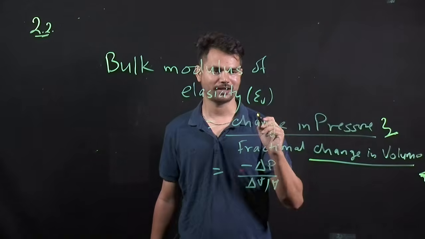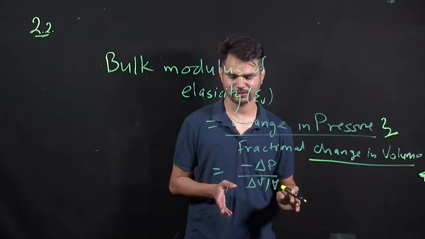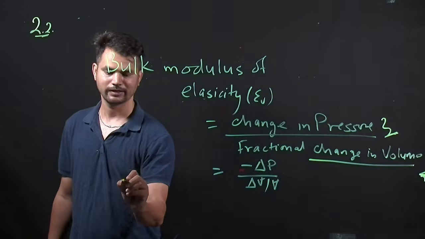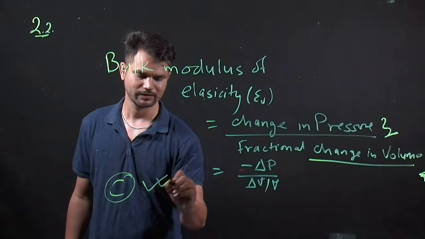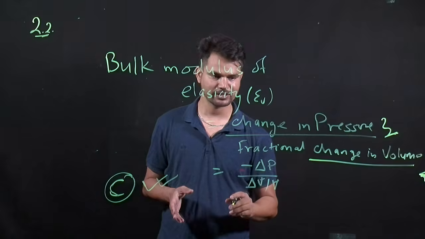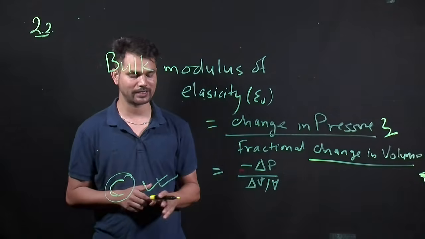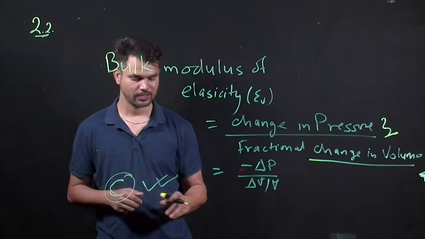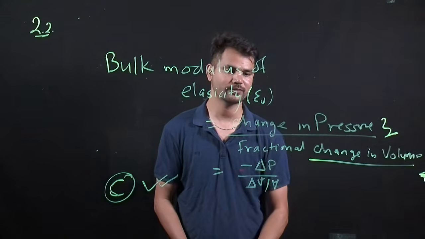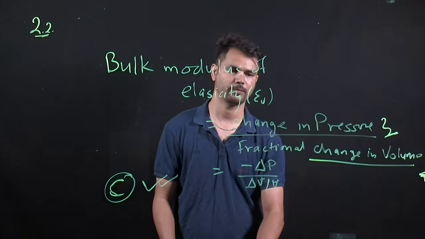So for our 2.2, our answer will be option C. The dimension of bulk modulus of elasticity is the same as the dimension of pressure. For the next question, I will be dealing with the capillary rise water column problem.